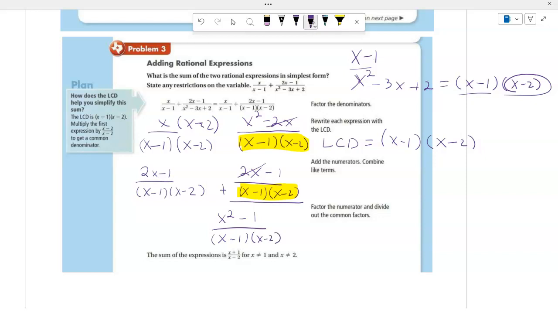I'm going to simplify because we know that x squared minus 1 is the same thing as x plus 1 times x minus 1, divided by x minus 1 times x minus 2. So the x minus 1 becomes 1. So the sum of the expression is x plus 1 over x minus 2, where x can't equal 1 and x can't equal 2.